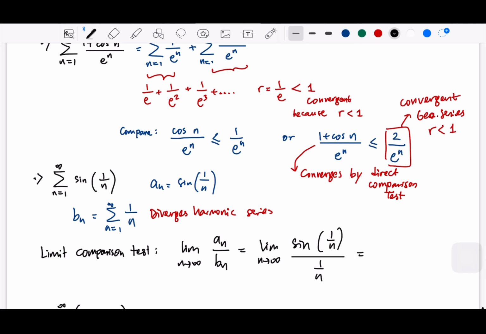And it's equal to 1, right? This is from the limit identity for sine x over x.